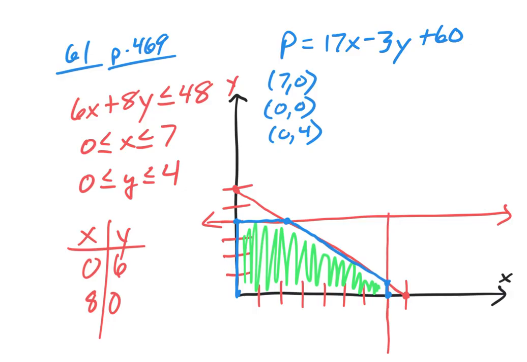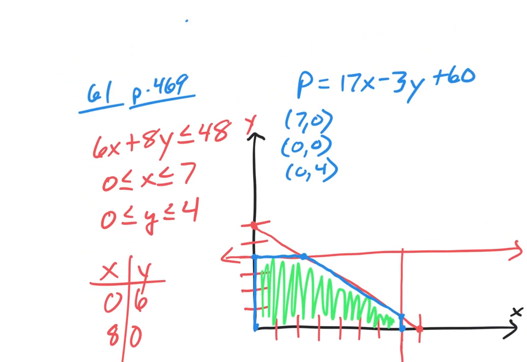So we would have 6x plus 8 times 4 equals 48. I'm not going to worry about the less than or equal to sign. I'm just solving it for x here. So we have 6x plus 32 equals 48. Subtract 32.